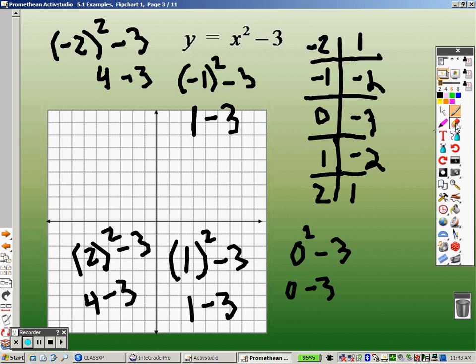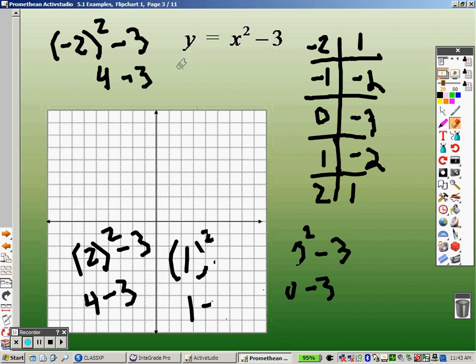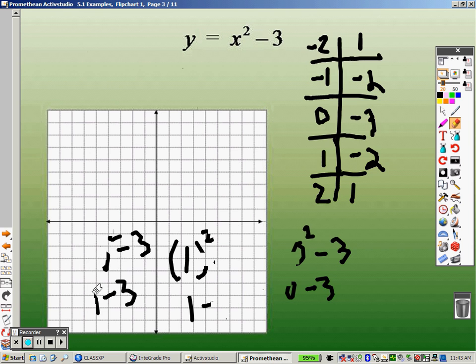So after we do all this, we now have our list of points, and that's what's important: having our list of points available. Now I'm going to use those points and plot the points.